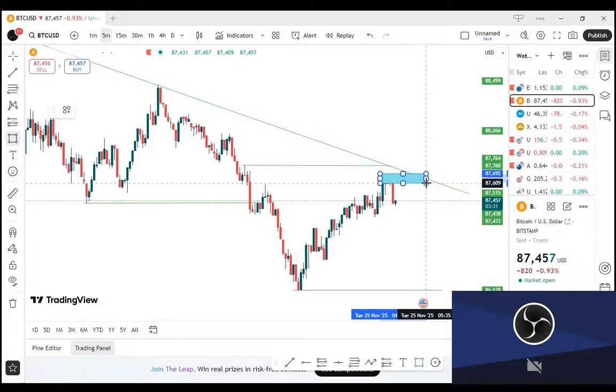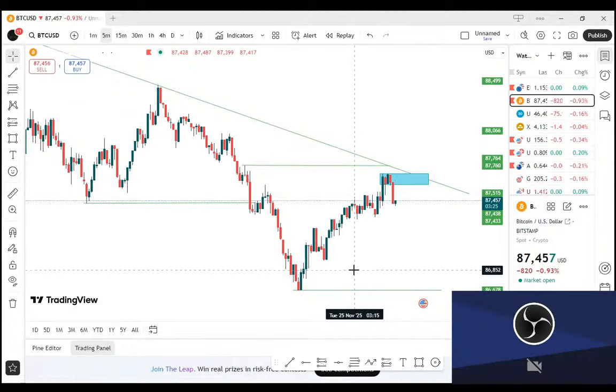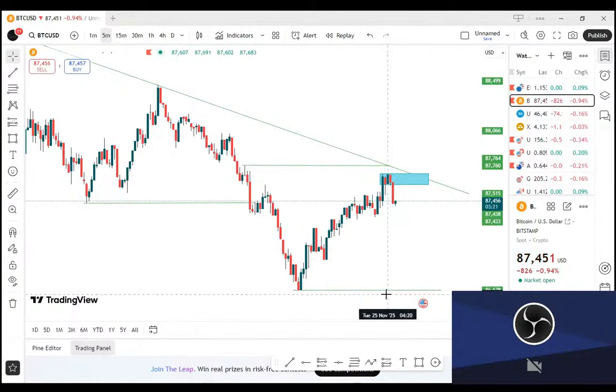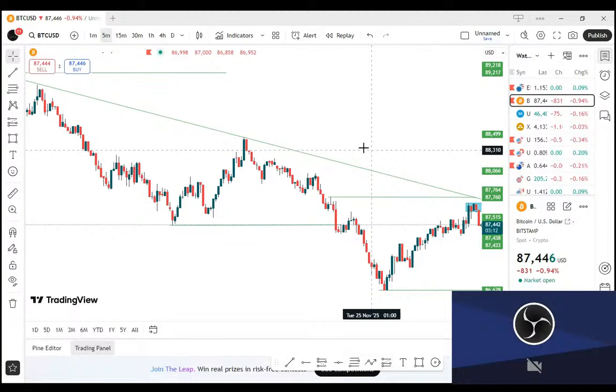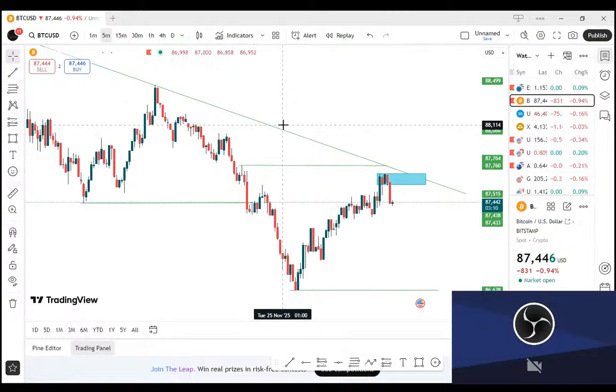If price gives me a rejection at that opposite candlestick, then that is telling me that the sellers want to pull down from there. Then it will likely drop down to this low, or probably down to this low. But if they don't give me a confirmation here and you notice a pullout and break out of these highs, then we are likely to head back to this zone before the sellers come in.